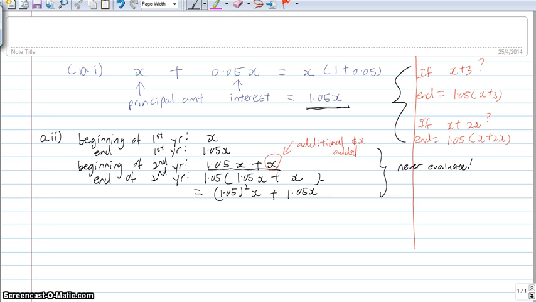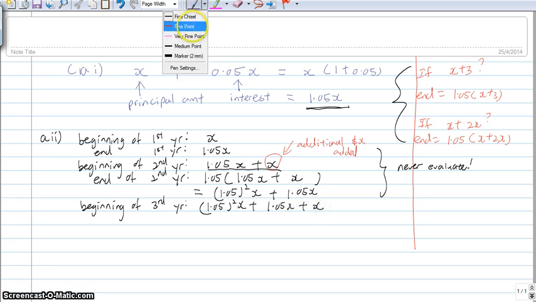Now let's see the third year. At the beginning of the third year, again the man invests another x dollars in. So I will have the end of the second year amount here, plus another x. That will give me 1.05 squared x plus 1.05x plus another x. This amount is also newly added in because each year he invests another x dollars.